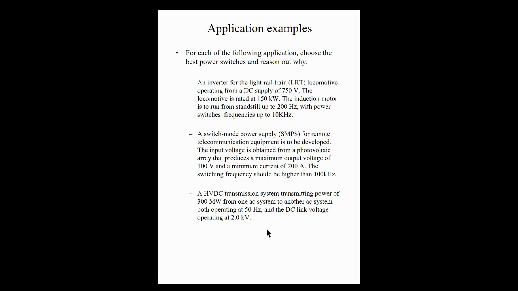Right, so that's the situation. So you have your light rail train using induction motors, right? But you want to control this operation using your semiconductor switch. And these are the specifications, right?